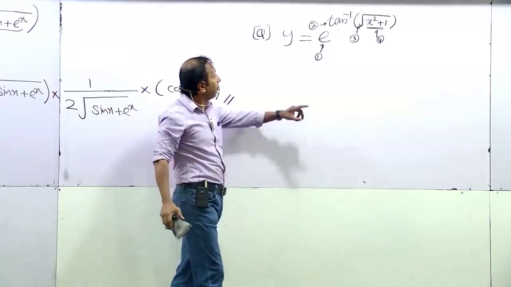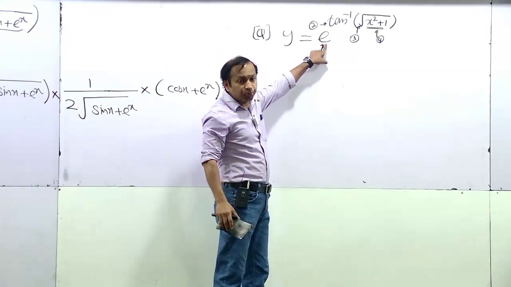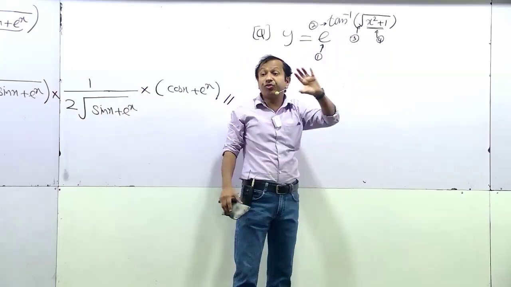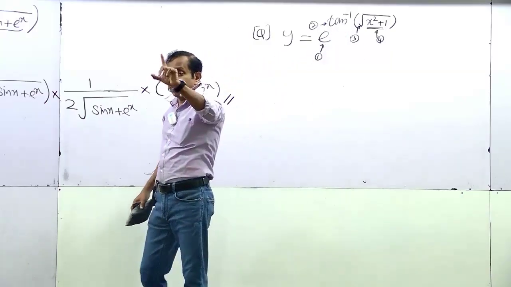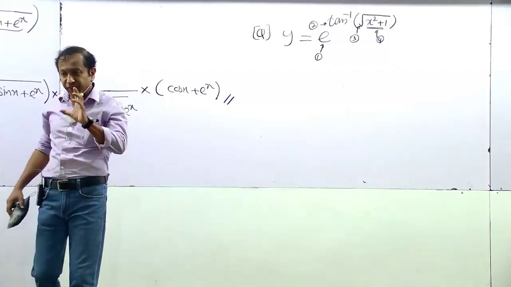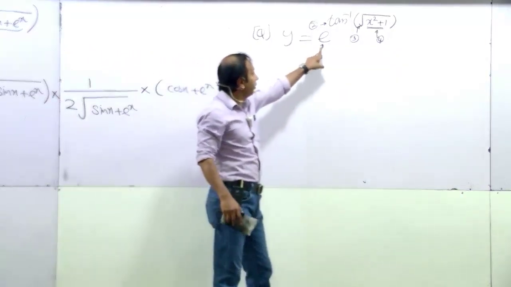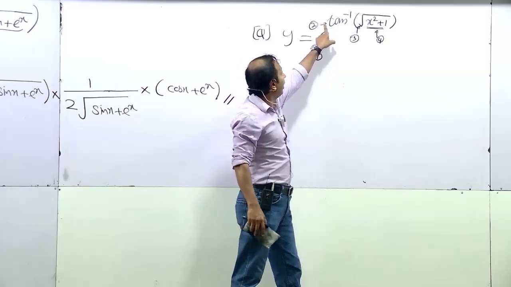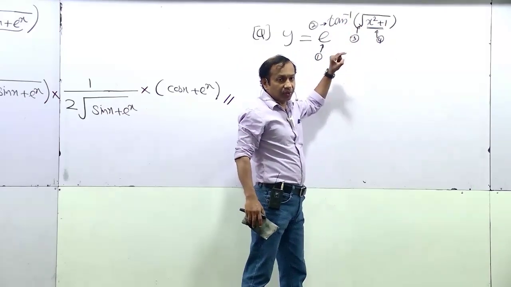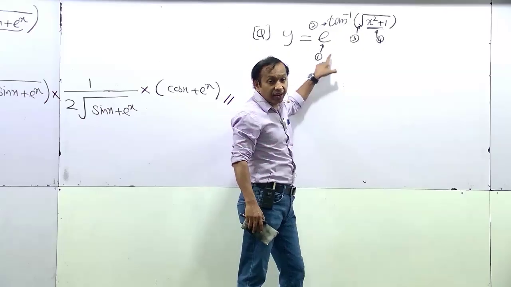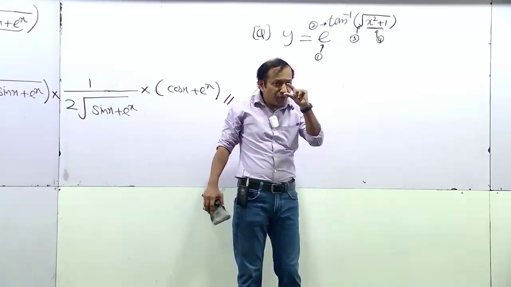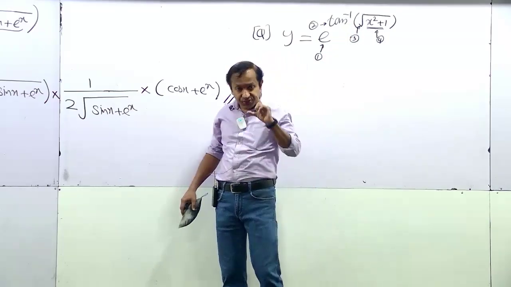Now here we have e to the power something. What is the derivative of e^x? The derivative of e^x is the same. Then first we differentiate e. We assume this whole thing as x. Then this takes the form e to the power x. When you differentiate e to the power x, what is the answer? Same.